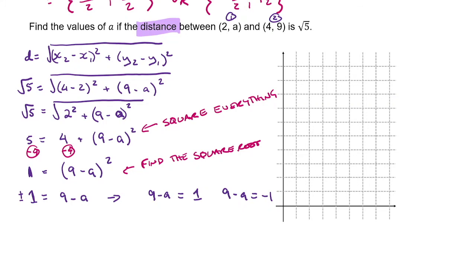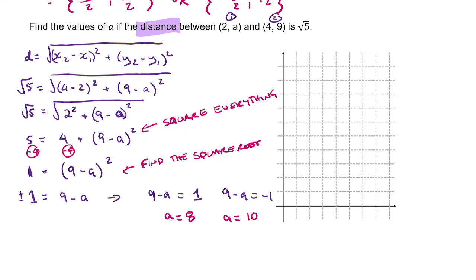Okay, 9 minus what is going to give us 1? Well, 9 minus 8 is going to give us 1. 9 minus what gives us minus 1? Well, taking away 10 from 9 will get us minus 1. And that's where we're at.